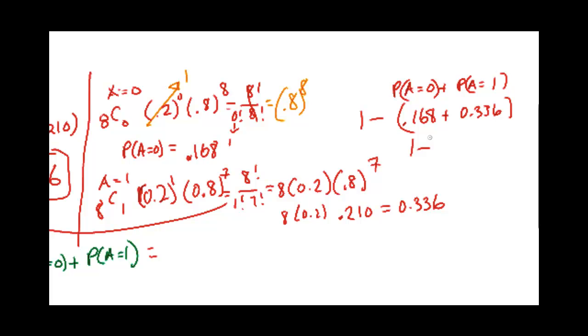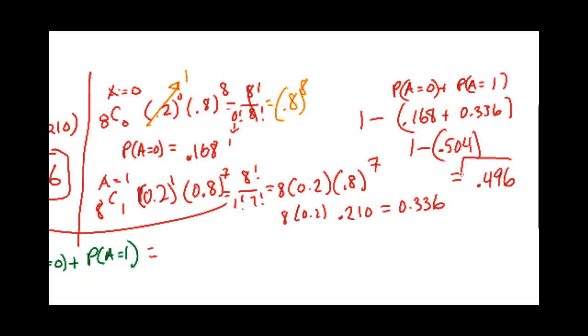Sorry, my calculator's acting up. 0.168 plus 0.336 gives me 0.504, and then 1 minus that is 0.496.